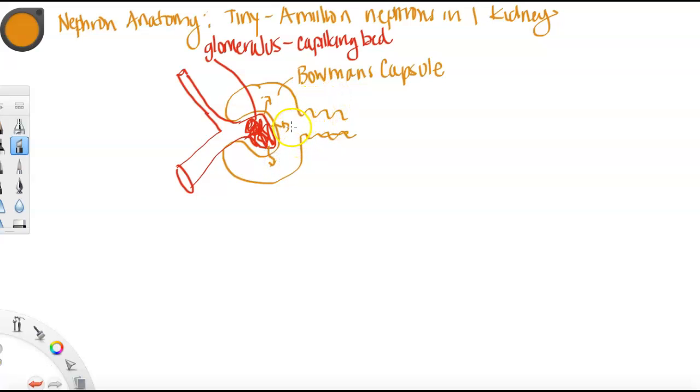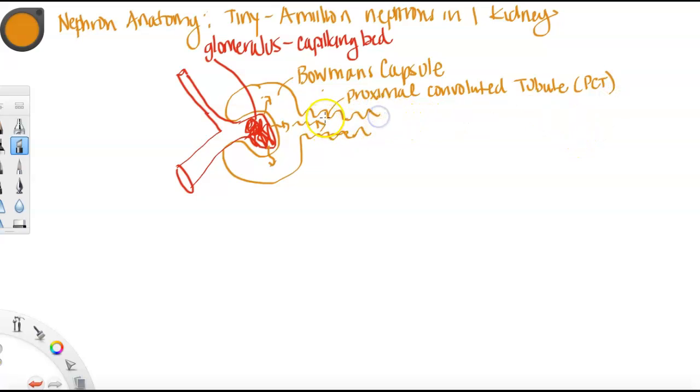Okay, the capsule is connected to another sort of knot of tubules called the proximal convoluted tubule, or the PCT.